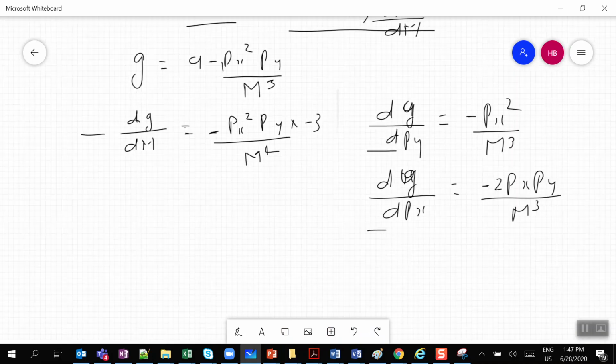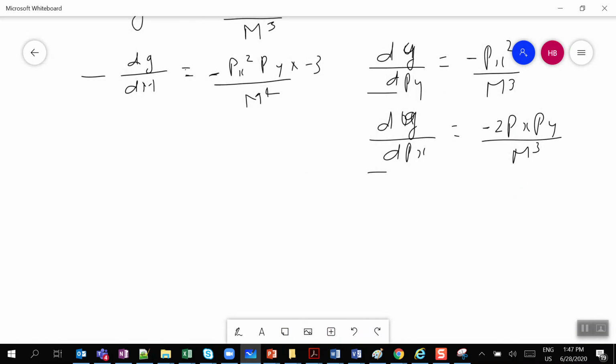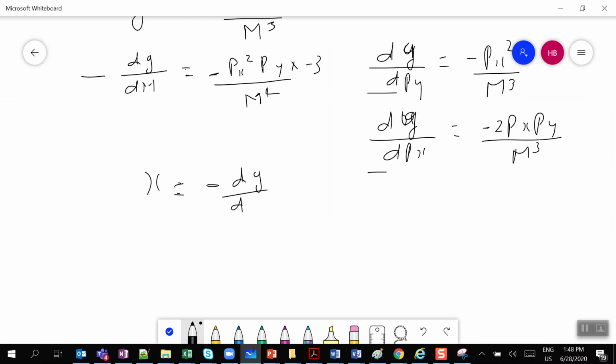So x is equal to minus dg by dpx divided by dg by dm.